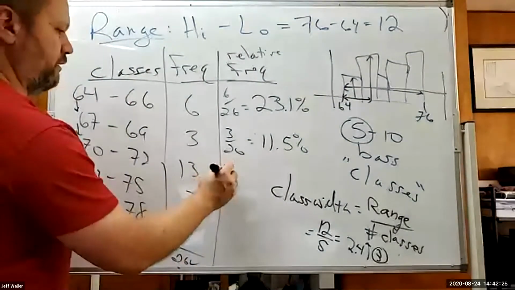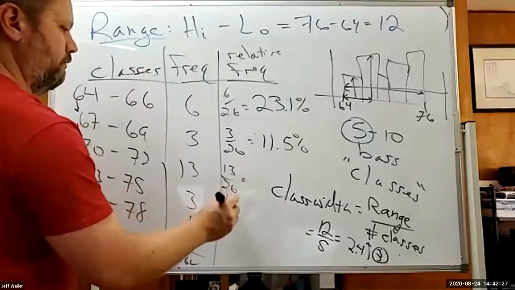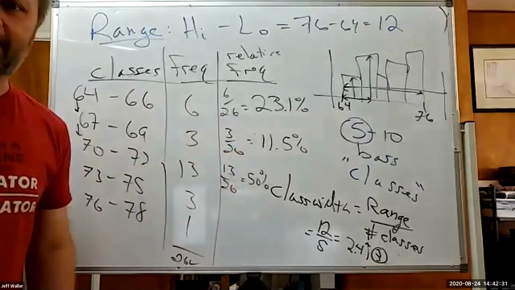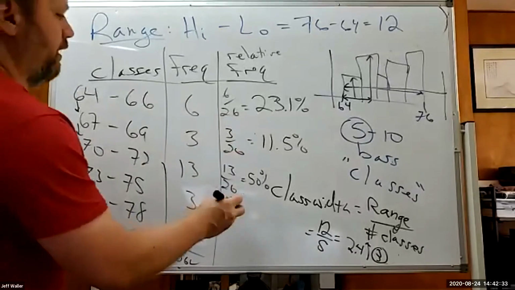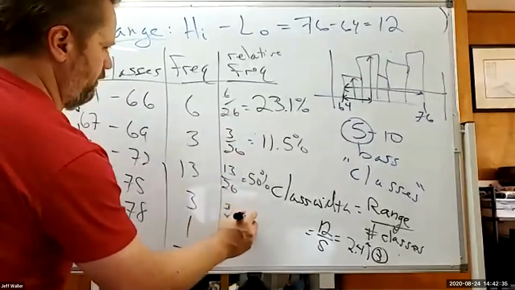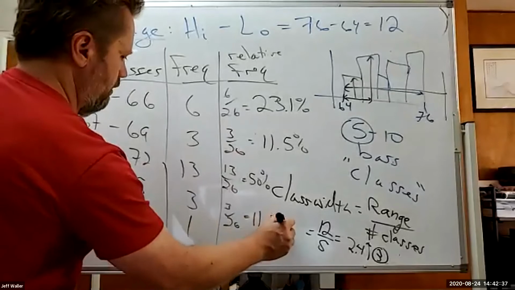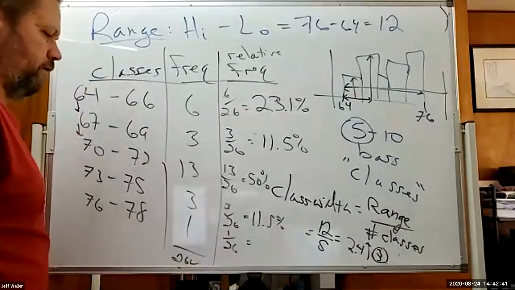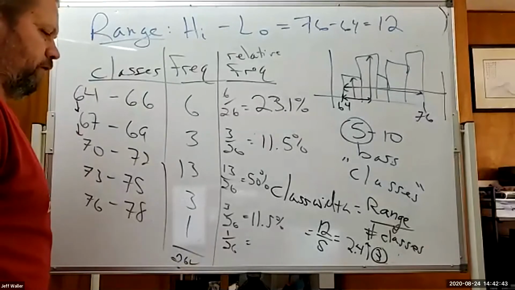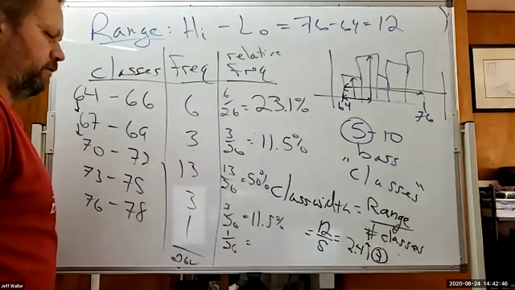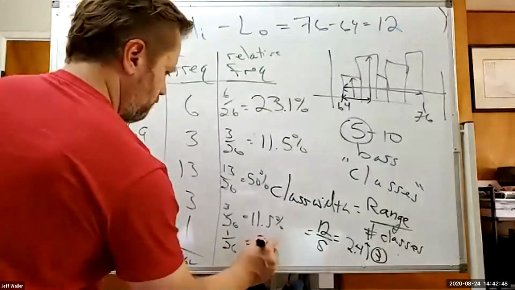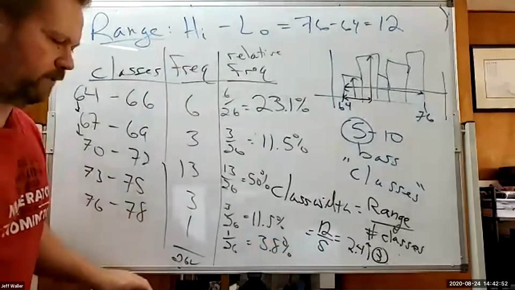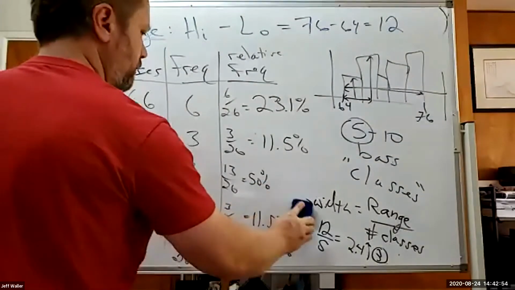And then 13 out of 26 is really nice because it's exactly half. And then 3, we did that one already. And then 1 out of 26 is 3.8. All right, let me stop for a minute. Let me erase this. We already have this. I don't want this messing anybody up.